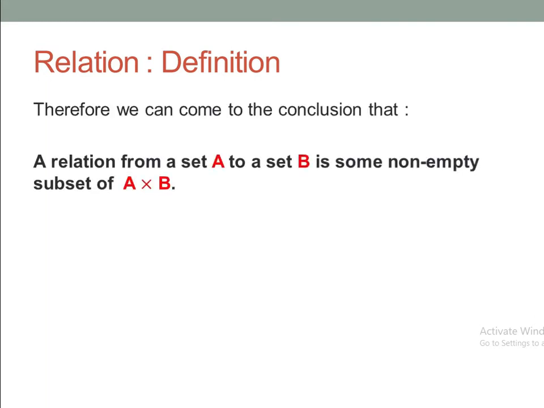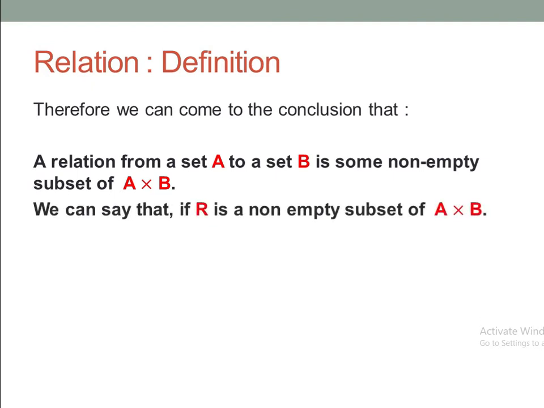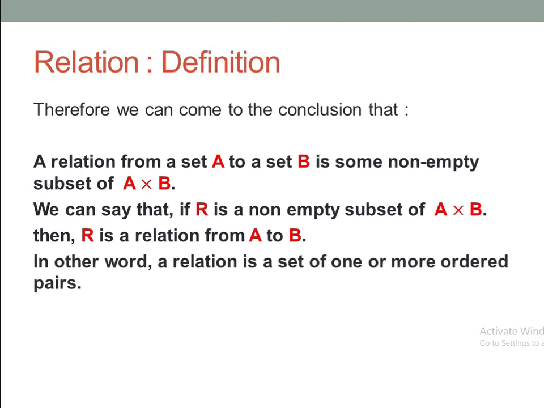A relation from a set A to a set B is some non-empty subset of A cross B. We can say that if R is a non-empty subset of A cross B, then R is a relation from A to B. In other words, a relation is simply a set of one or more ordered pairs.